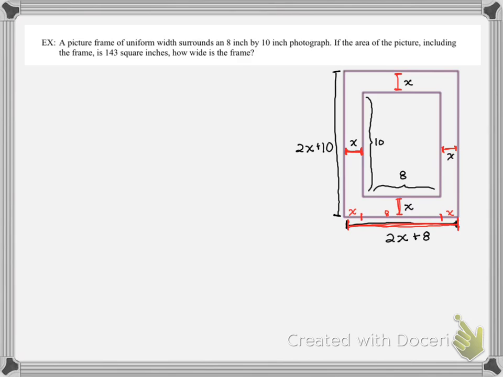So we didn't actually have to find the area of a shaded region here, but it's that same kind of idea where we're using the information from that picture to get the lengths that we need, so that we can write the area of the whole thing. So 2x plus 10 times 2x plus 8 equals 143. To get a 0 on one side, we're going to subtract 143.